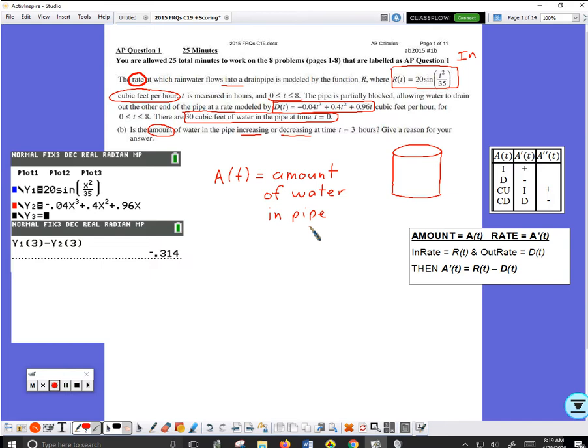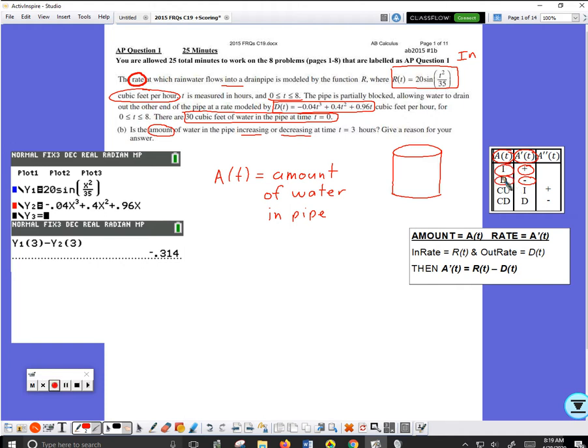So here's the amount of water in the pipe. And then I think to myself, Danica's chart, the amount depends on the rate. So I've got to figure out if the rate is positive or the rate is negative. Then I'll know whether the amount is increasing or the amount is decreasing.